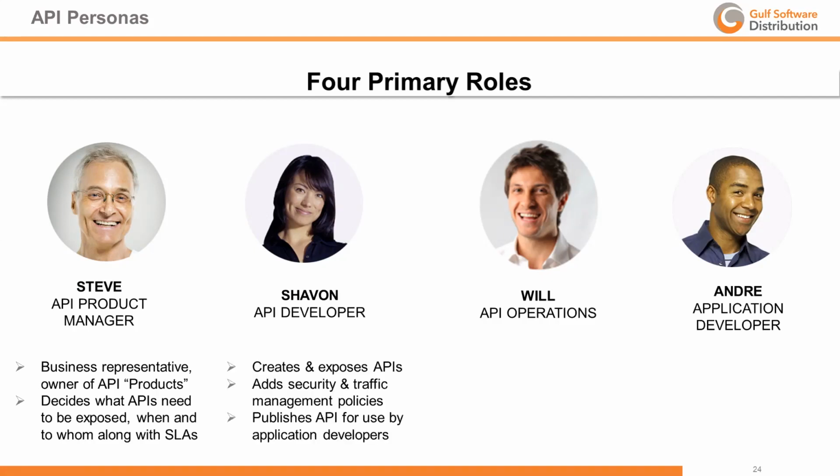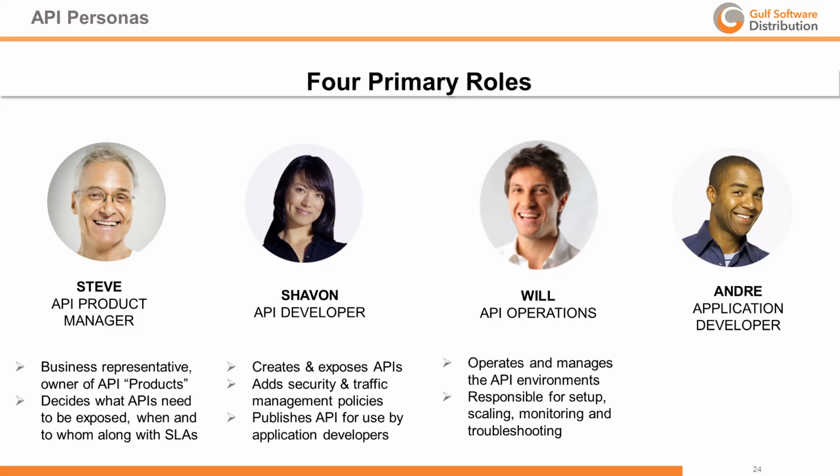Then you have an API developer who needs to have a platform to create these APIs, to secure these APIs, and after securing, a way to publish these APIs so that it can be available to the public. Then you have the API operations team who needs to have a single platform which helps them manage the governance of APIs across multiple different environments.